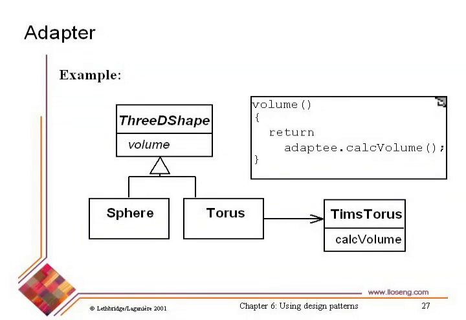It's like adapting a European plug to a North American electrical system. You've got to have a little unit that changes the shape of the little contacts that go into the plug. Okay, that's basically the concept. So what we're going to do is create a bunch of adapter methods. In this case, it would be return adaptee.calcVolume. And so we store the instance of Tim's torus in our instance of torus.